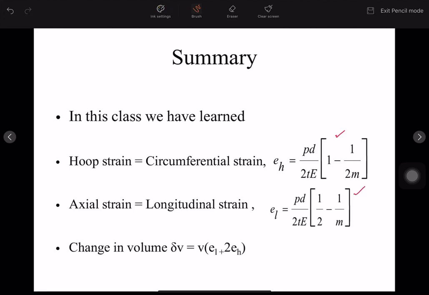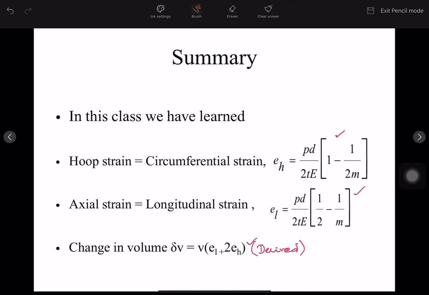We have used these relations to solve certain numericals, and most importantly we have derived this equation, right? Which is very useful from your examination point of view.